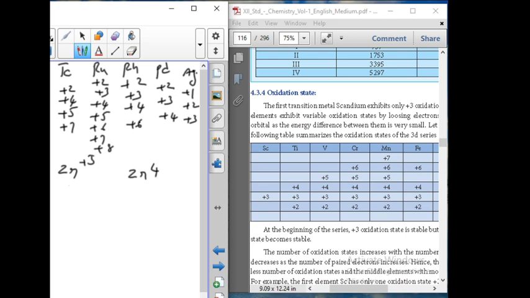See the electronic configuration of zirconium: krypton 5s0 4d1 for the +3 state. Zirconium +4 oxidation state is krypton 5s0 4d0.